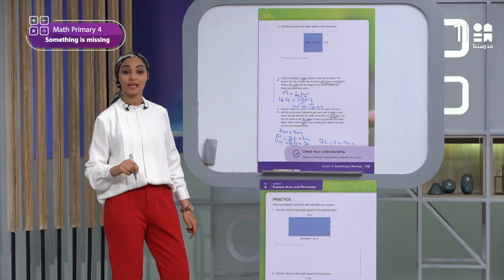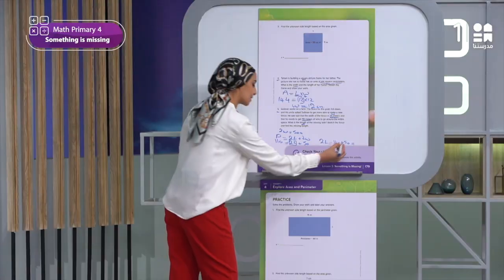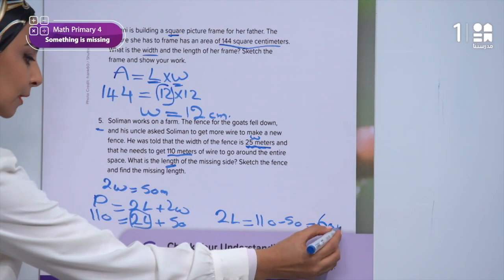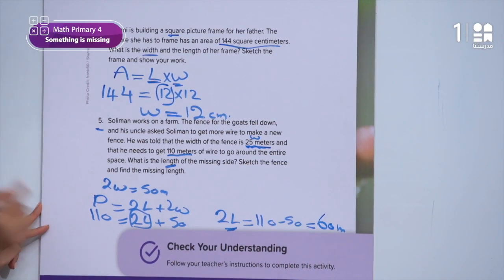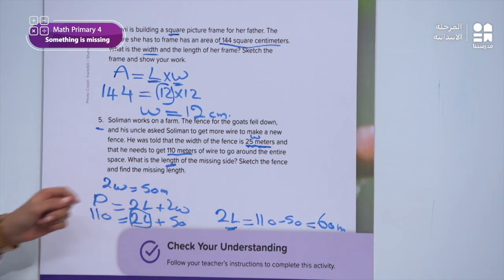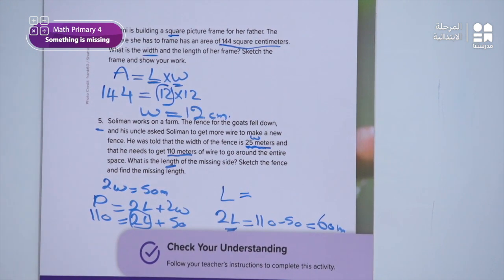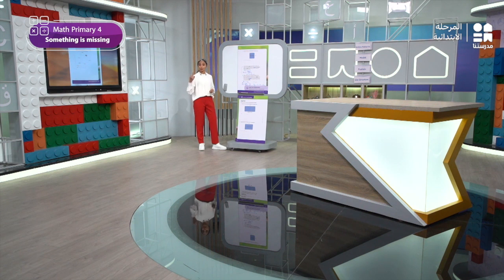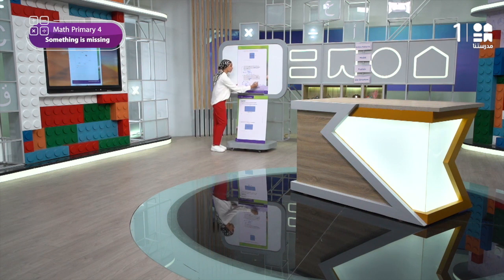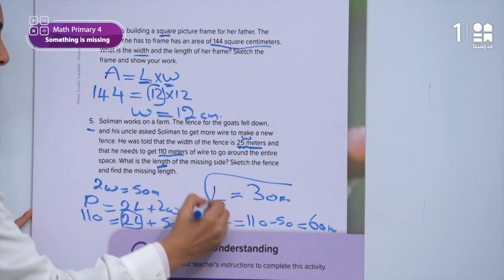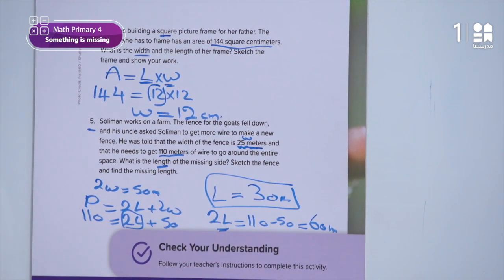Yes, 110 minus 50 gives me 60 meters. طب هو أنا عايزة two length ولا عايزة length واحد بس؟ عايزة length واحد بس. يبقى the one length equals which two numbers if I add them gives me 60? Yes, 30 and 30. So the length equals 30 meters. And this is my right answer.